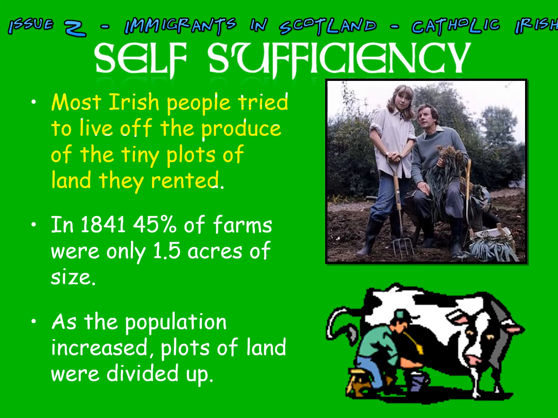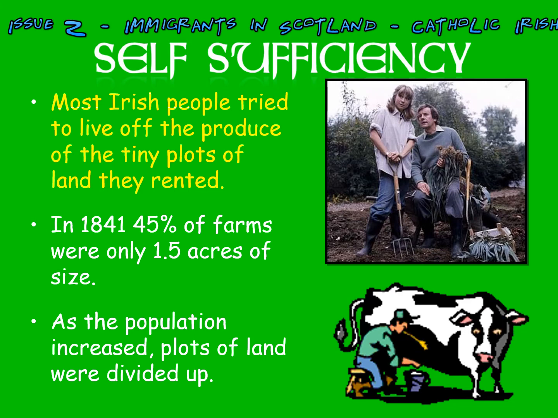It's not particularly big, and it is very difficult if you're trying to grow crops and keep enough that you can sell to make money to pay your rent, but also to eat. It is a very difficult situation.